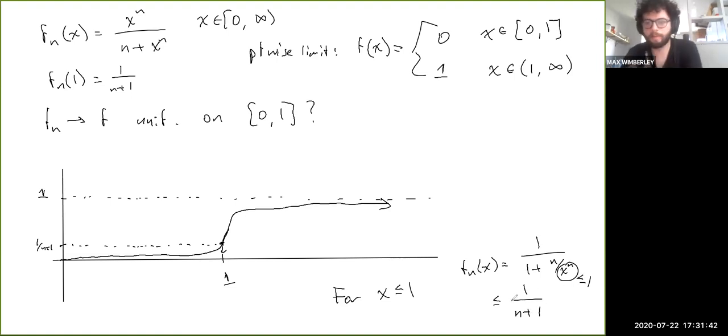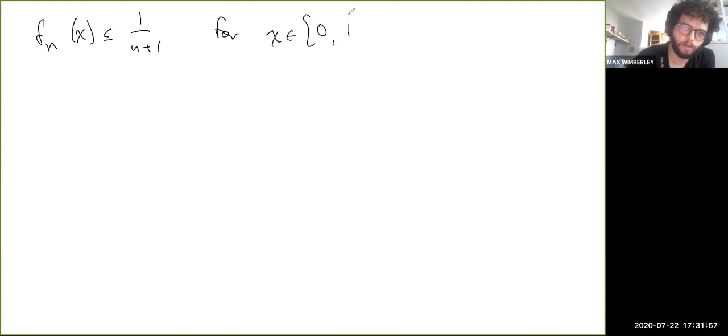Does that make sense? So what I'm saying is fn of x is less than or equal to 1 over n plus 1 for x in [0, 1].